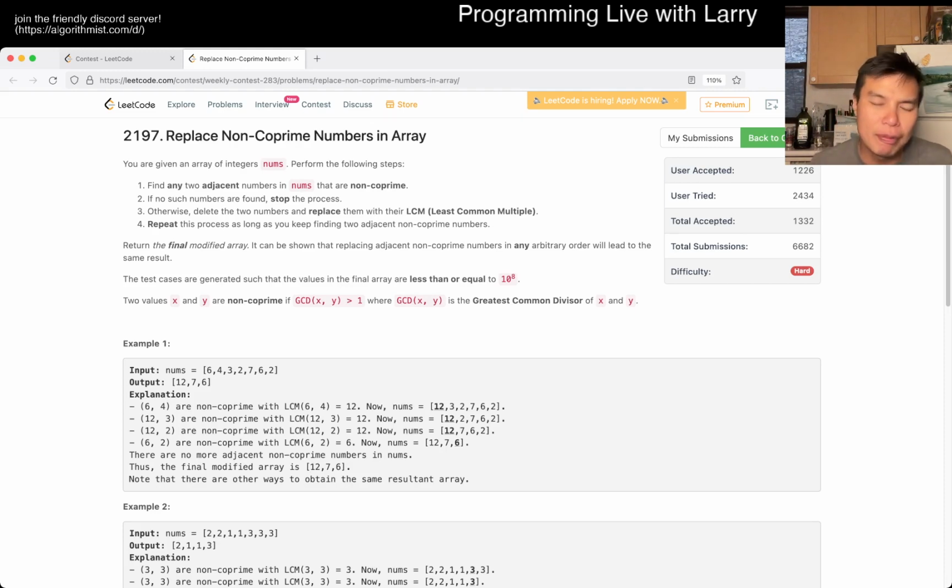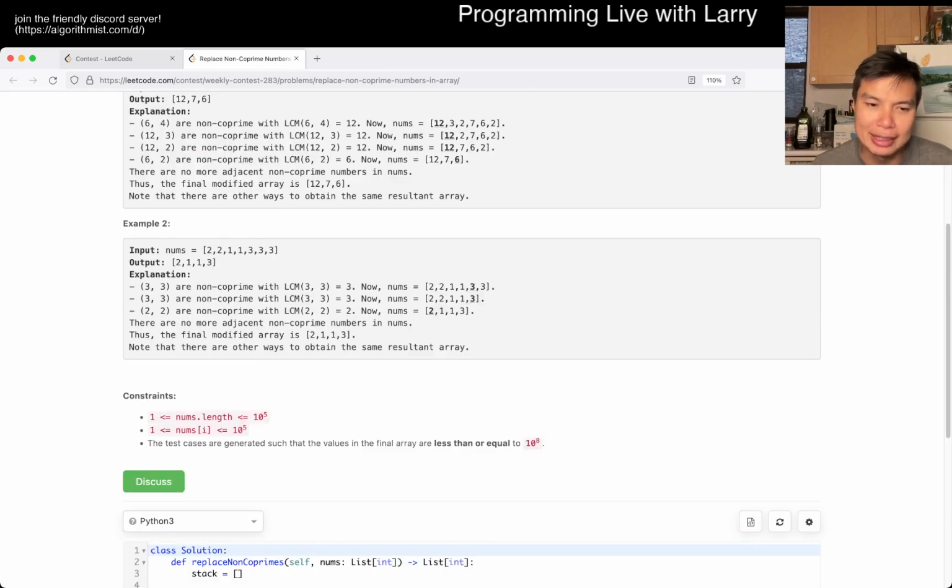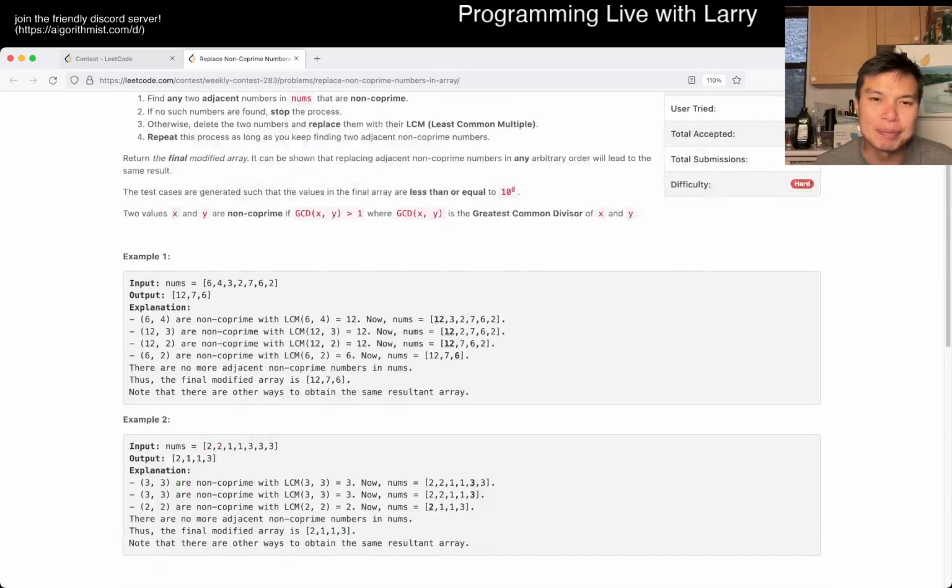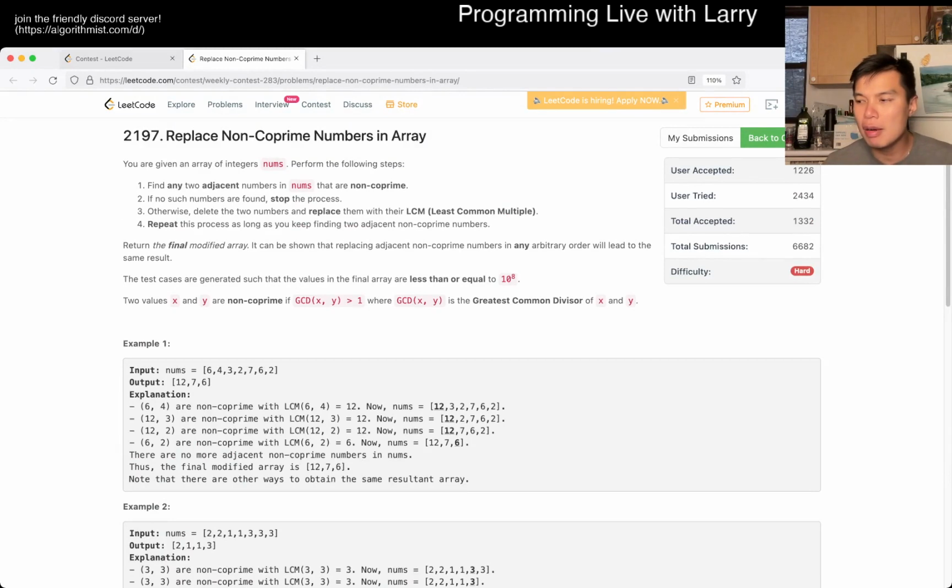And the idea for this problem is using a stack. A stack allows you, and this is something that you get from experience, to compare the last two numbers repeatedly, and merge them perhaps.